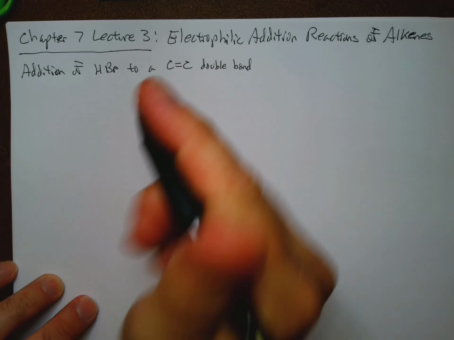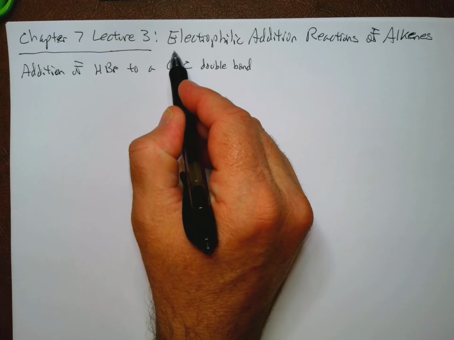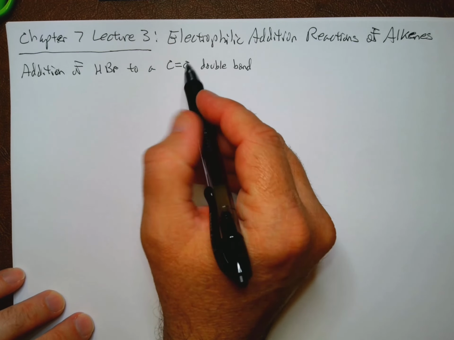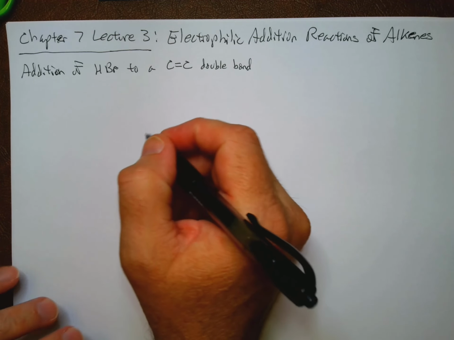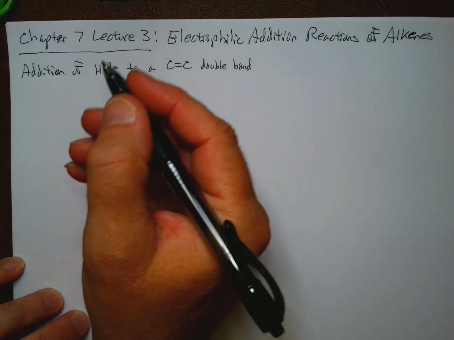So when the text talks about electrophilic addition, it means that it's an electrophile that's being added to the double bond. So the double bond is acting as a nucleophile.